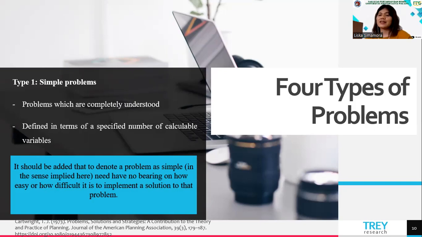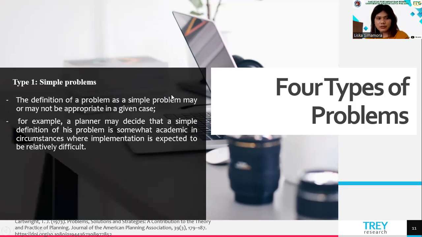So the simplicity of the problem doesn't show us that the solution is also simple. It depends on the variables. If the variables are not so complicated, we can solve the problem more easily. I don't say the solution is simple, easy or not easy. Okay. Now let's go to the second type.